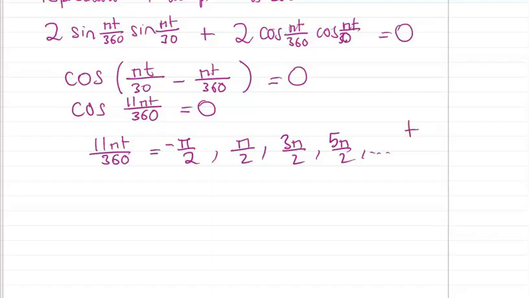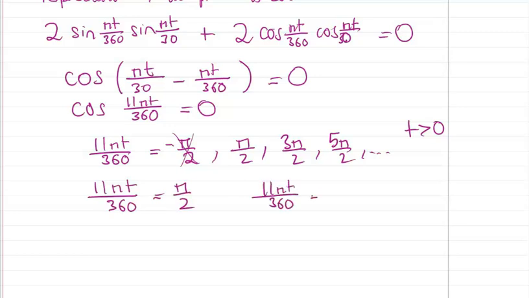I need t to be positive, so there's no way of considering that. The first one after midnight is going to be when it just equals pi on 2, and the next one after midnight is going to be when it equals 3 pi on 2.